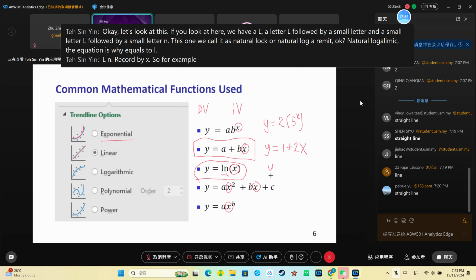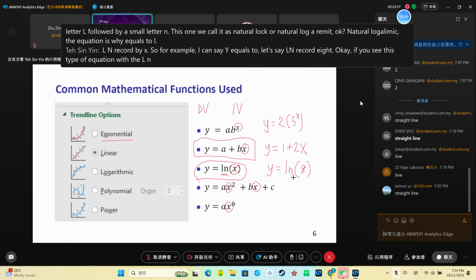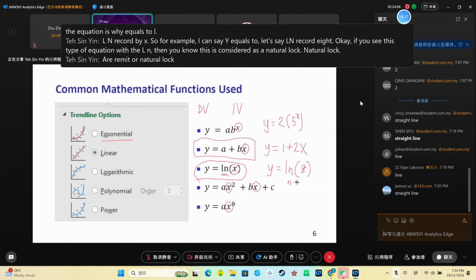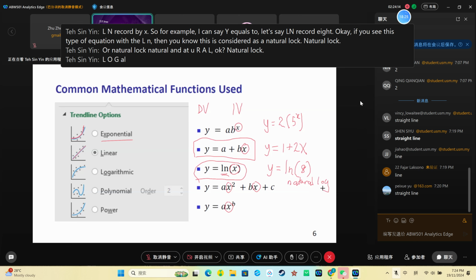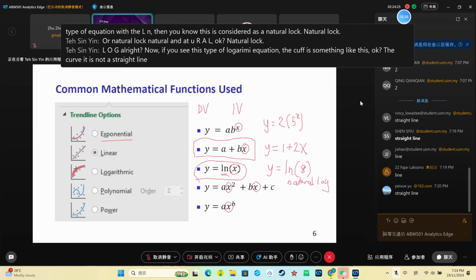For example, y equals ln(8). If you see this type of equation with the ln, then you know this is a natural log. If you see this type of logarithmic equation, the curve is something like this. It is not a straight line. It is a little bit curved like this.